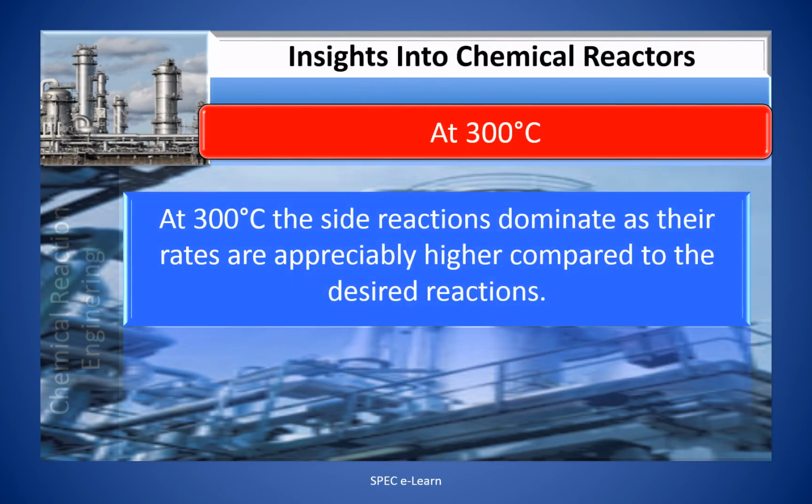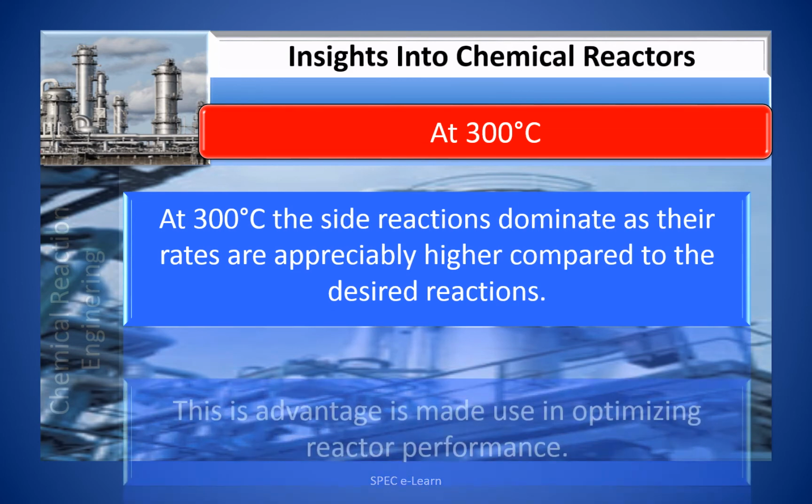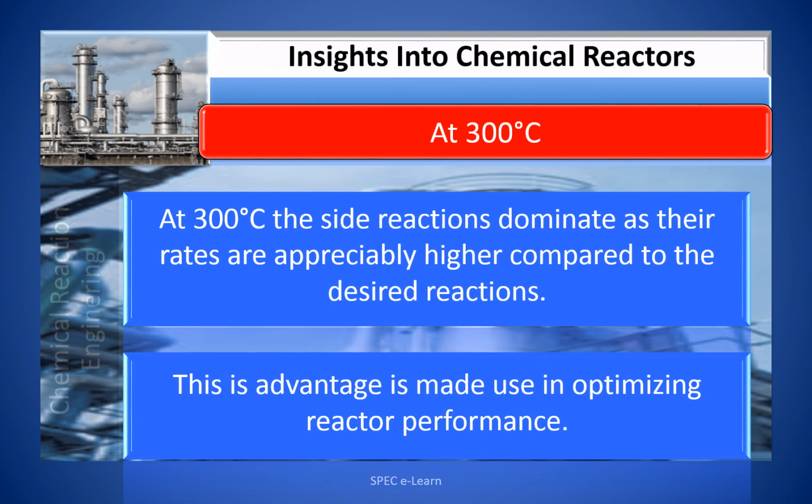At a much lower temperature of 300 degrees centigrade, the side reactions dominate as their rates are appreciably higher compared to the desired reaction. This is an advantage which is made use of in optimizing the reactor performance.